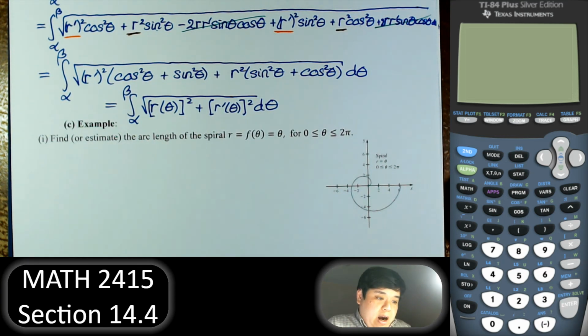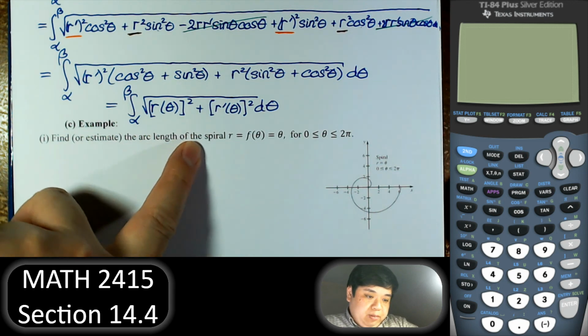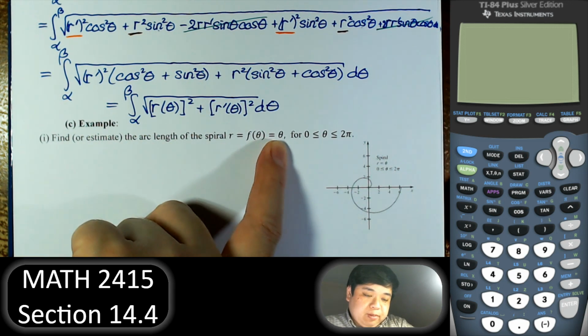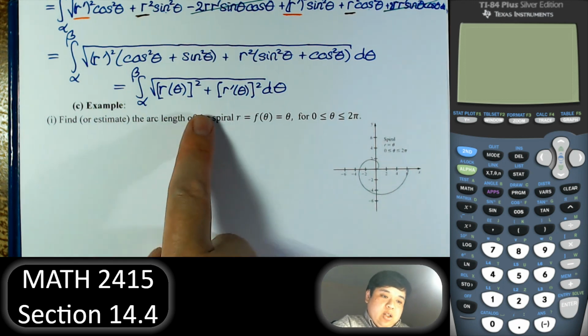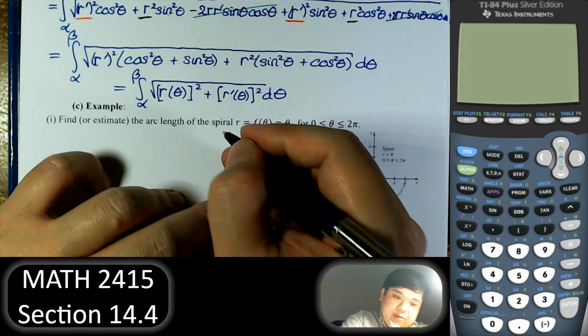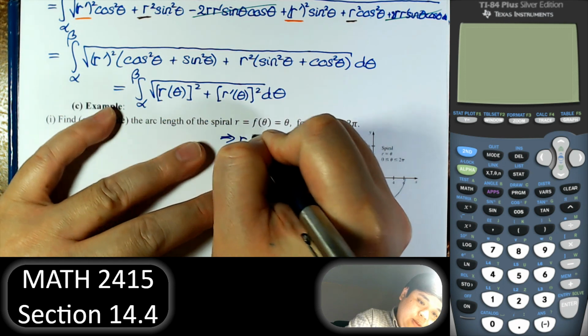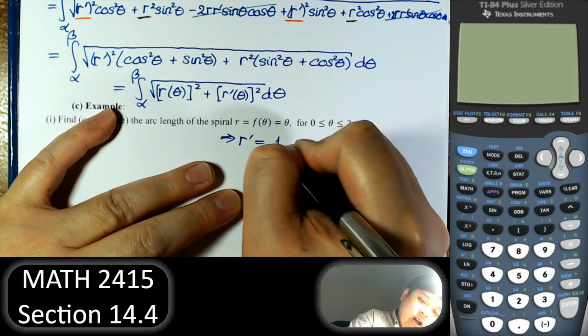Next, find and estimate the arc length of the spiral. So we have the function r equals theta, whose derivative is going to be 1.